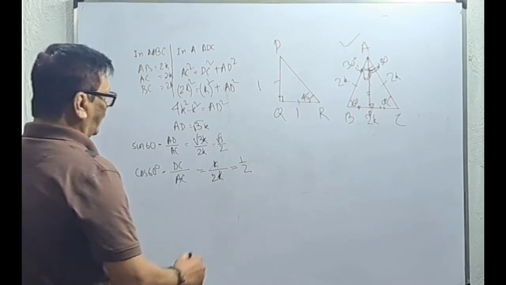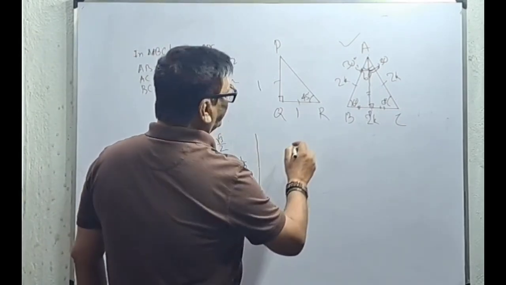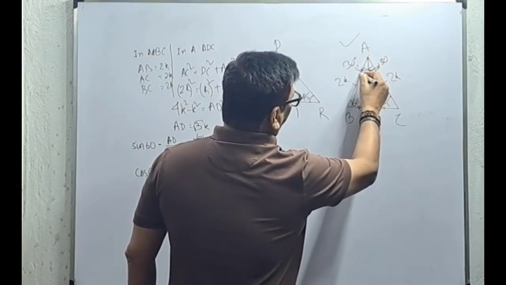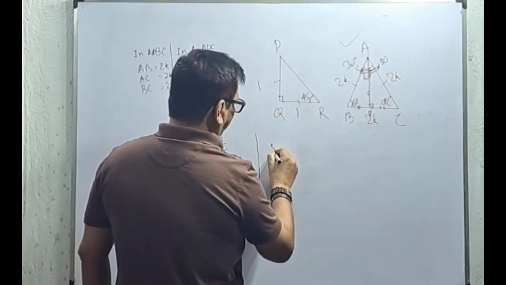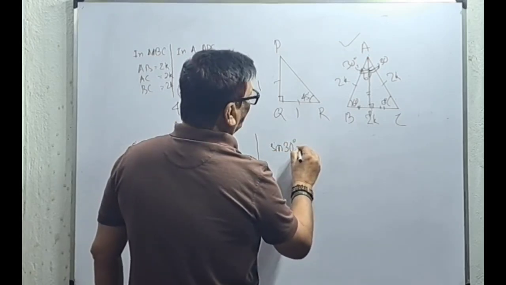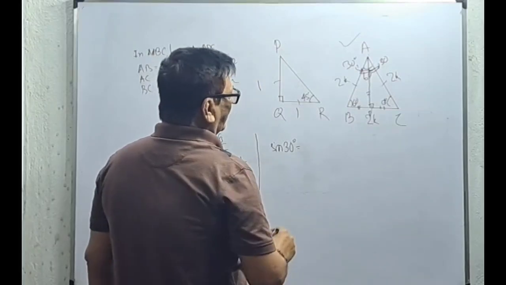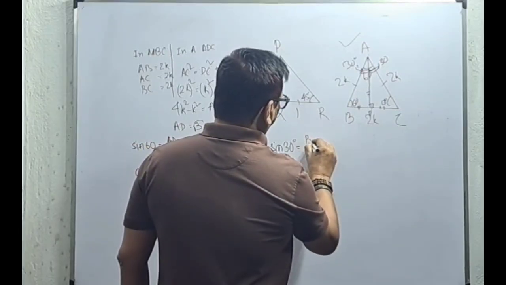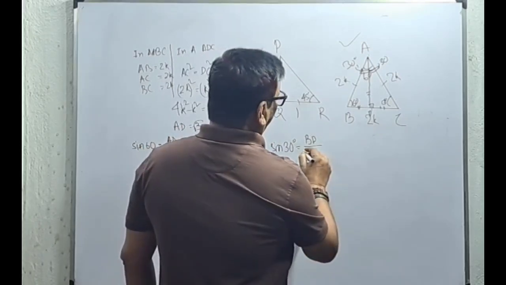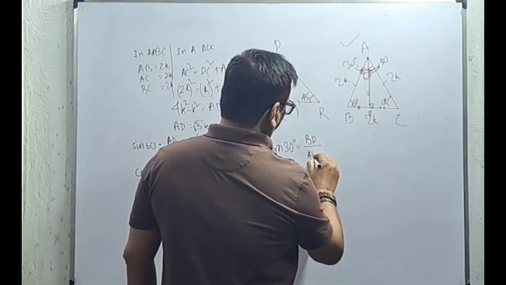Okay. Now if we want to find out the value of sine 30 degree, we'll consider this angle. This angle. So sine 30 degree will be equal to BD by AD, right?